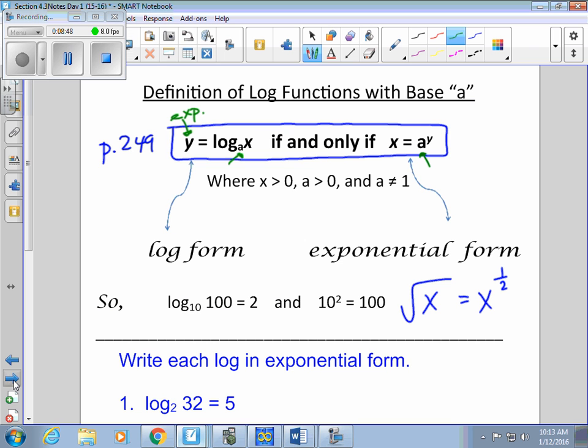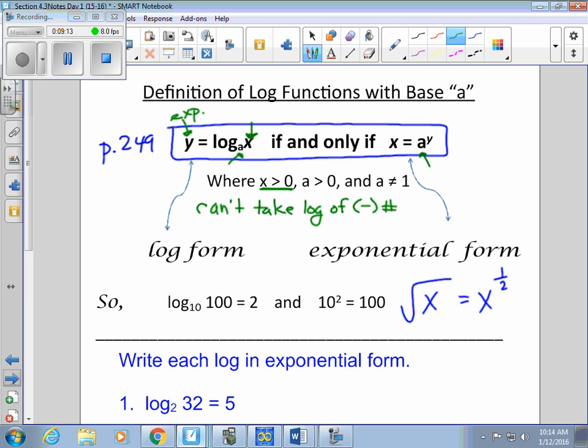Couple of limitations here, couple of rules. It only exists in certain spots. Our x values, what we're taking the log of, have to be greater than 0. We cannot take the log of a negative number.